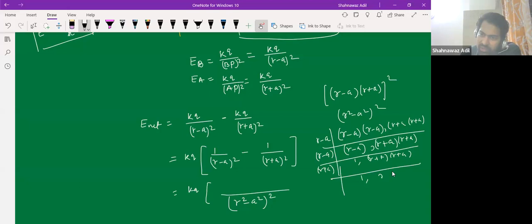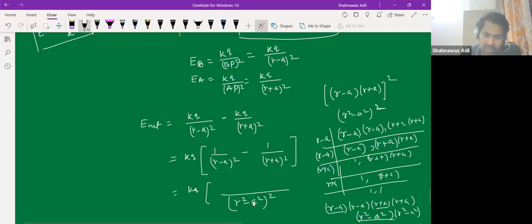Then we'll get R minus A, R minus A, R plus A, R plus A. So R minus A times R plus A is R square minus A square, so we have R square minus A square whole square. That would be it, right? Okay, so this is the LCM. If we divide this by this, we will get R plus A whole square. So this would be in here, minus R minus A.